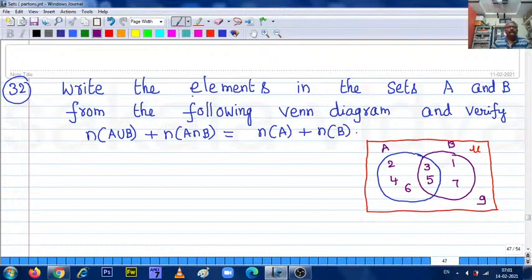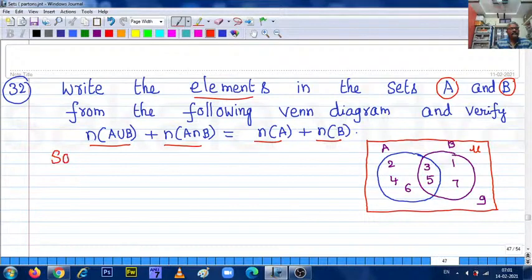So now write the elements in set A and set B by reading this figure, by visualizing this figure, and verify that n of A union B plus n of A intersection B is equal to n of A plus n of B. This needs to be verified now.